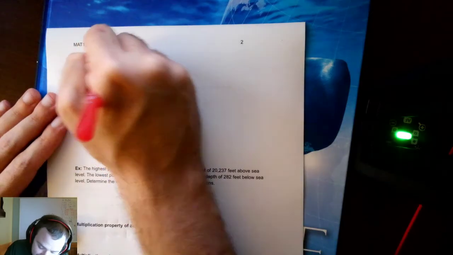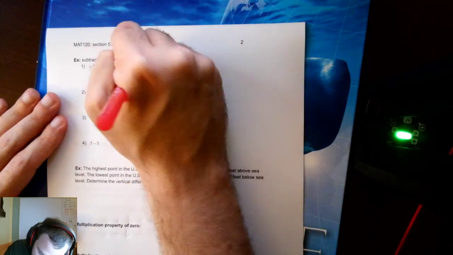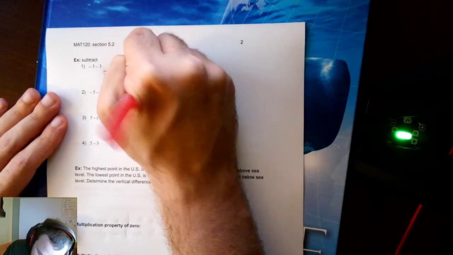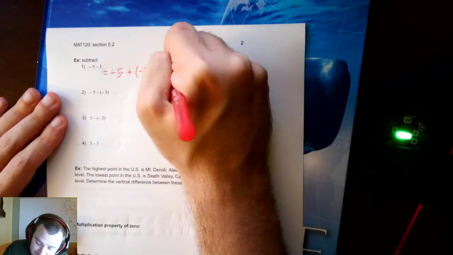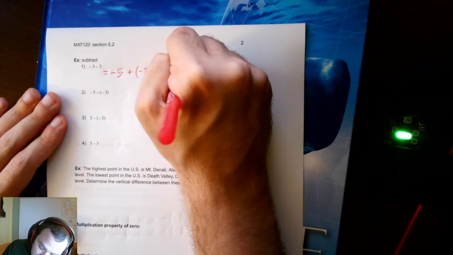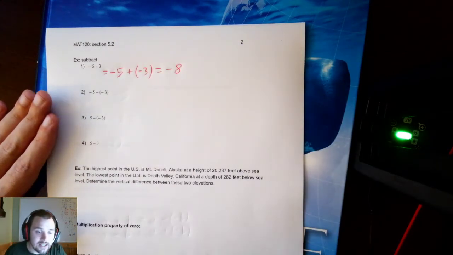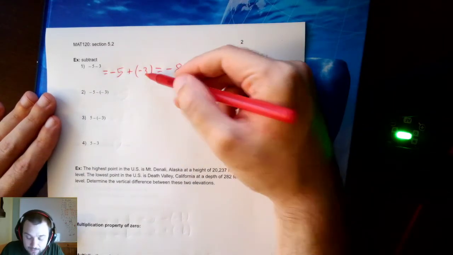Negative 5 minus 3. Well, if I want to add the opposite, negative 5 plus the opposite of 3 is negative 3. Negative 5 plus negative 3, if you think about it, will become negative 8. Remember, you move the leftwards direction on the number line when adding a negative.